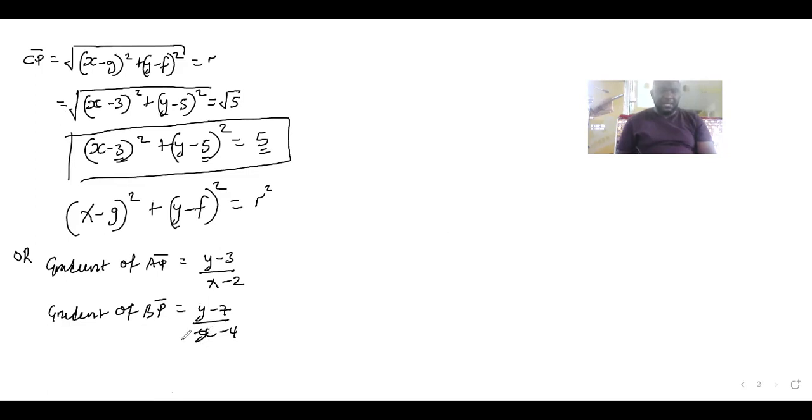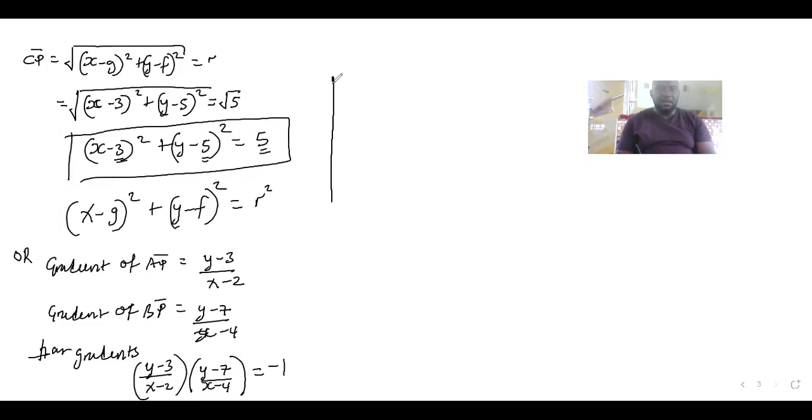But because these two are perpendicular gradients, when you multiply them together they should give you negative 1. Therefore, we shall have (y minus 3) times (y minus 7) is equal to negative 1 times (x minus 2)(x minus 4).